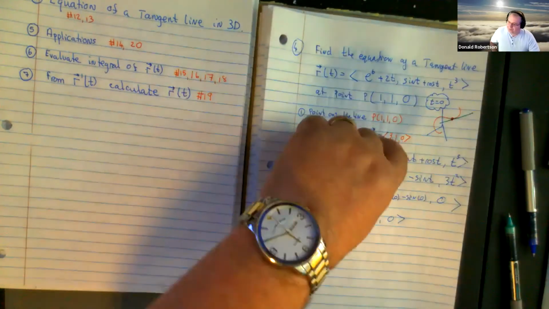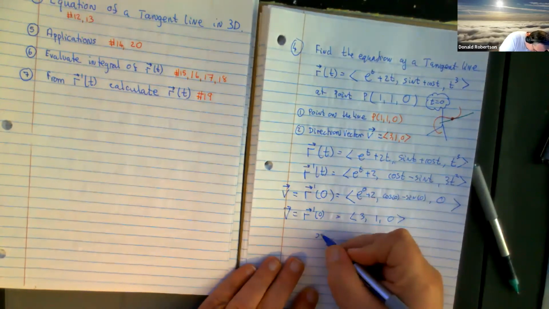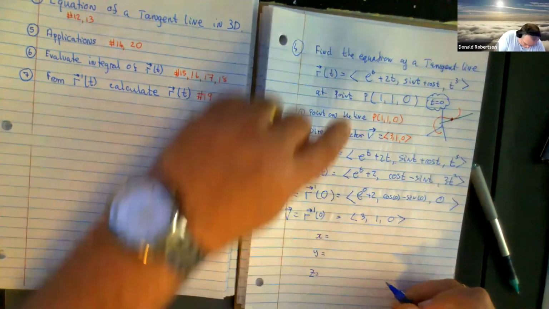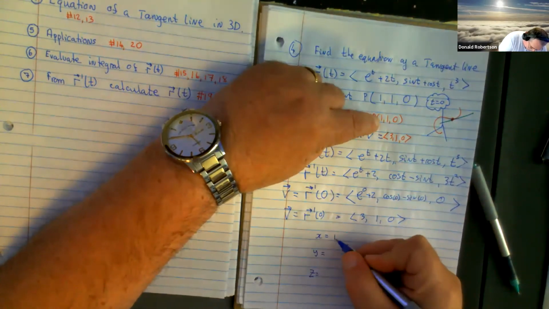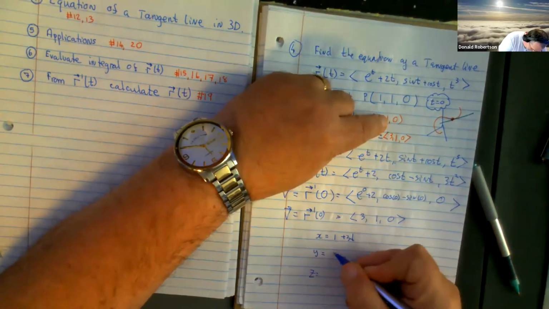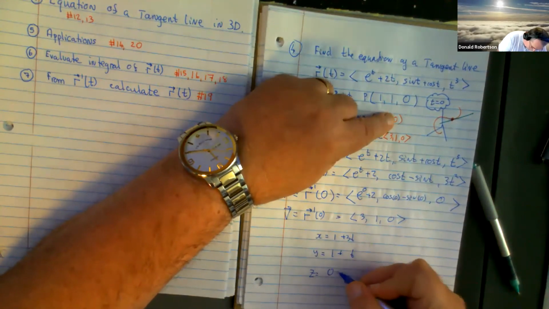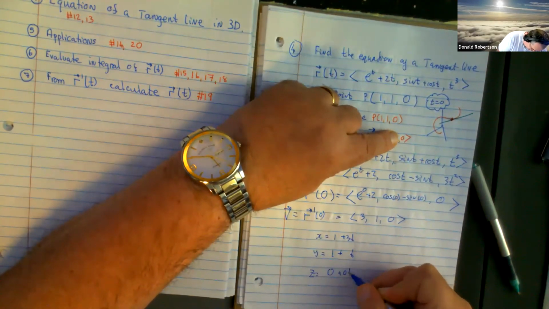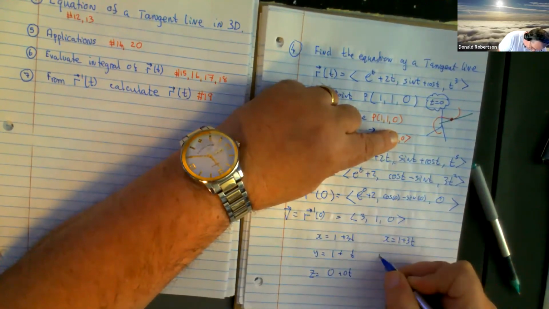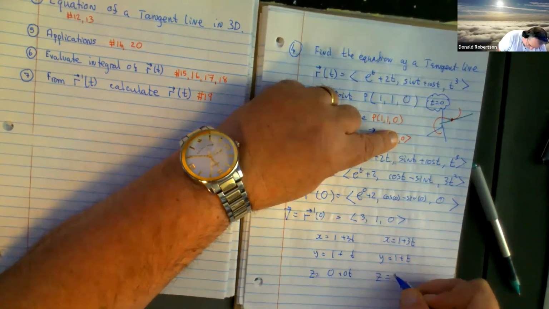Agreed? So you want the equation of the line in parametric form? Here goes. That guy, 1 plus 3t. That guy, 1 plus 1t. That guy, 0 plus 0t. Make it look a little bit prettier: x equals 1 plus 3t, y equals 1 plus t, and z equals 0.